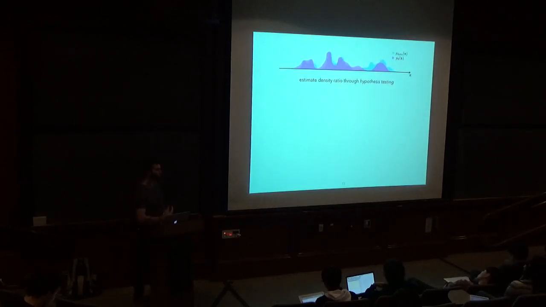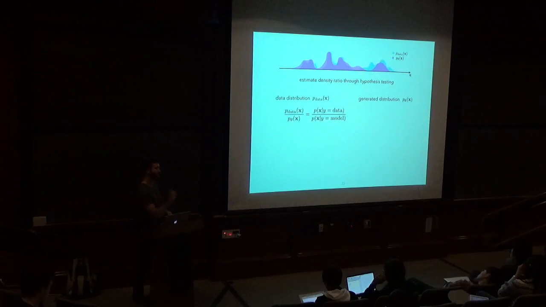But another approach for parameterizing one of these implicit models takes a different approach with hypothesis testing. So what we're going to have is our data distribution here, which is in blue, and our model's distribution, which is in purple here. And we're going to define the likelihood ratio. So as you might do in hypothesis testing, you evaluate what is the ratio of the likelihoods.